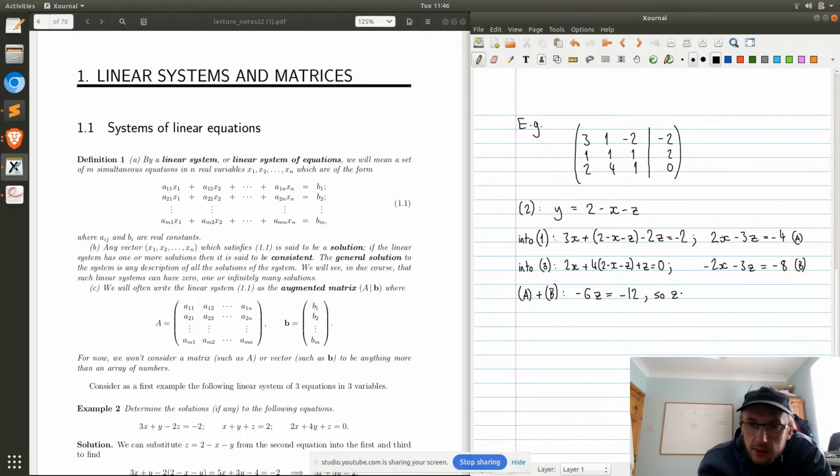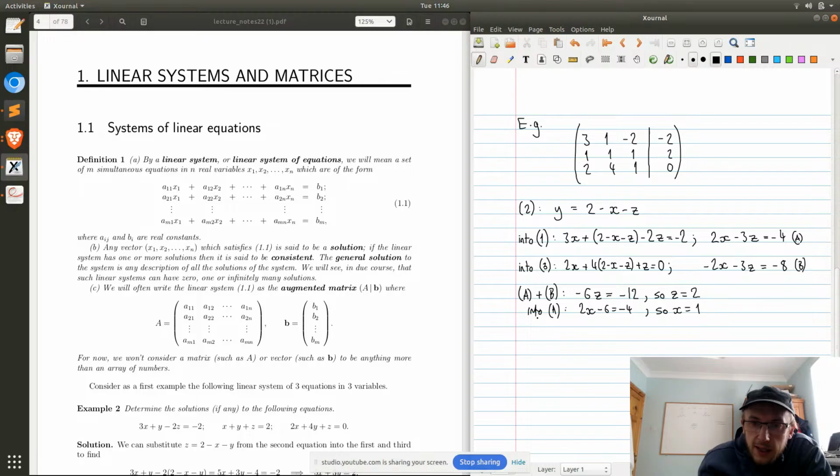So z is equal to 2. And if z is equal to 2, we put that into a to obtain what x is. So 2x take 6 is negative 4. So that means 2x is 2, so x is equal to 1.